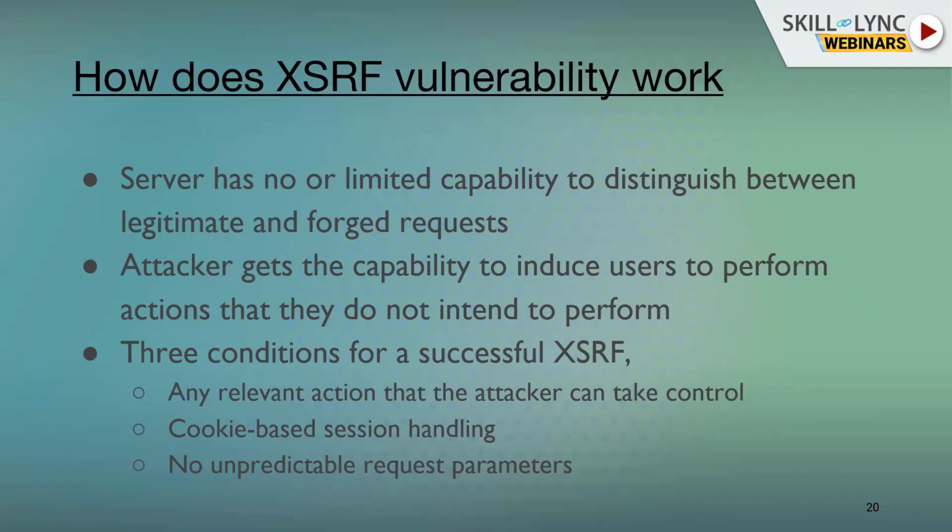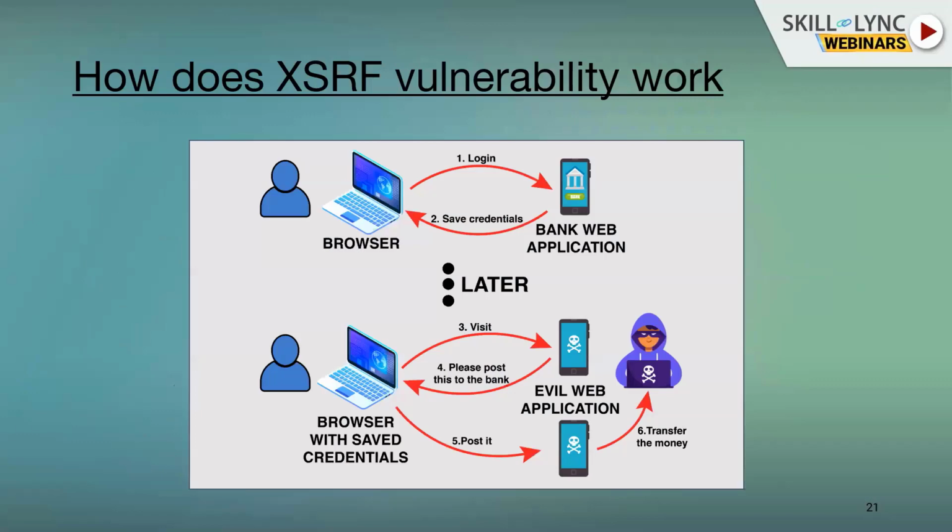Also, if the user is using cookies to handle the sessions, there is a high possibility for the hacker to take control of those cookies. And unpredictable request parameters: you're going to send multiple request parameters and API calls to the bank, and you don't know which flow it is. Whatever you send, the bank accepts and executes. Those are typical conditions where an XSRF, or cross-site request forgery, can happen.